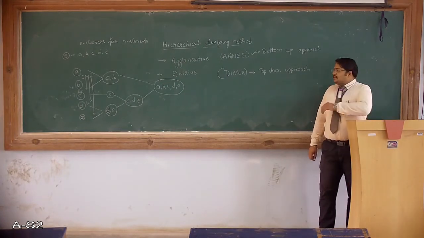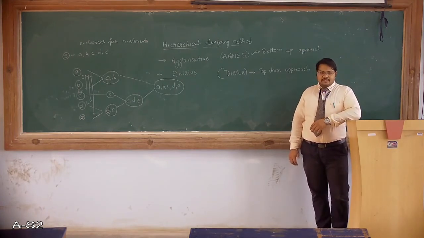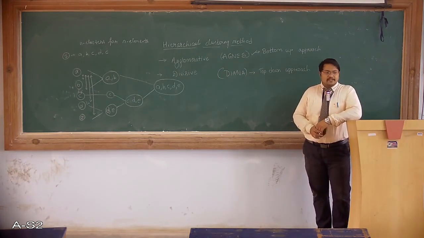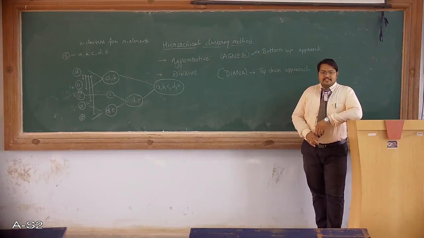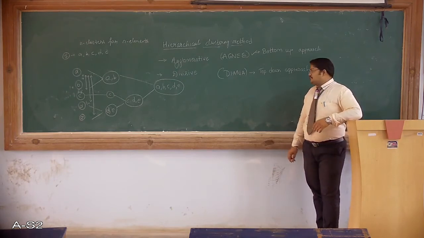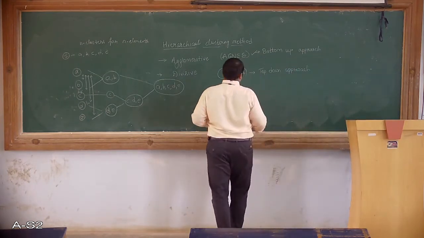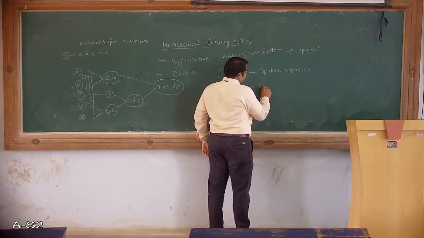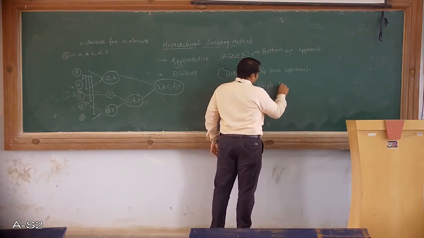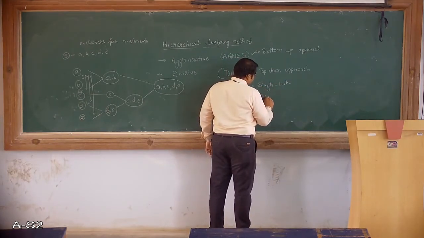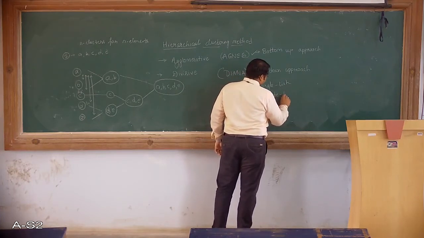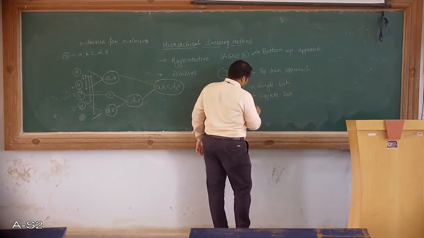I said that the distance between two different clusters needs to be computed. To compute the distance between two different clusters, we have different distance computing algorithms. Of those, we are going to check out 5 different methods. The first one is single link. Next is complete link. Third is centroid.